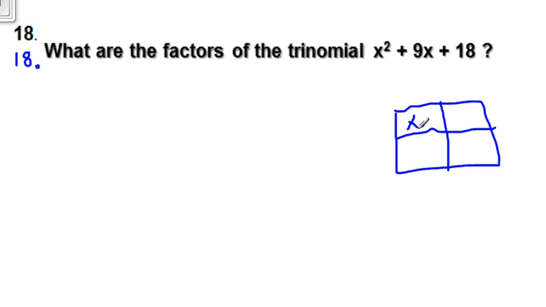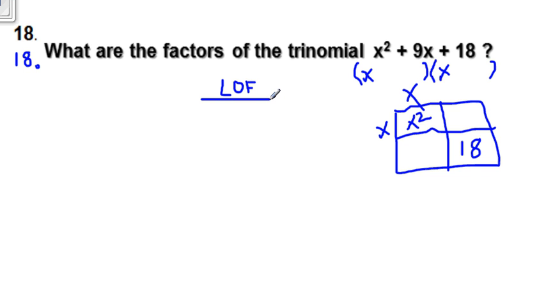We know the factors of that are going to be x and x, so we put x and x right below our quadratic trinomial. Then 18 goes here, and we figure out the list of factors. Do we have any negative numbers here anywhere? No, we don't.